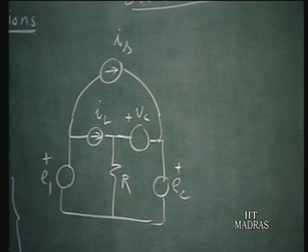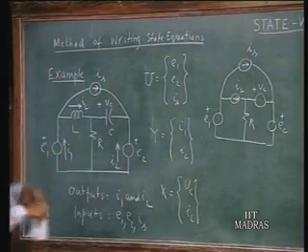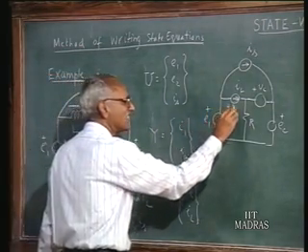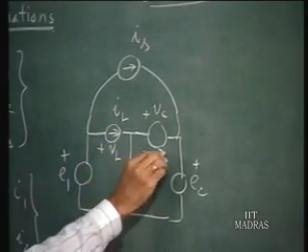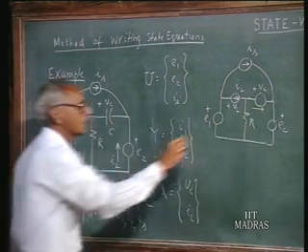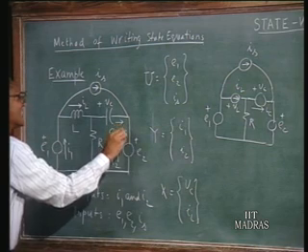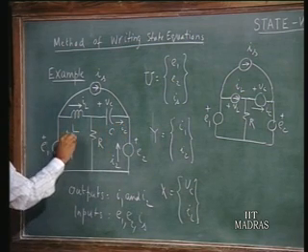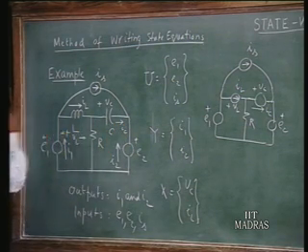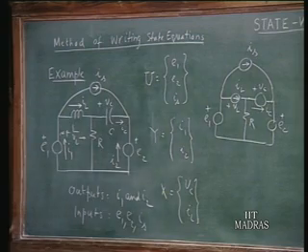And we have to find out the voltage across the inductor, that is VL, so we will call this VL, and the current through the capacitor I would like to call IC. So that is the current here, IC, and the voltage across the inductor is VL. So this is what we are interested in finding out.